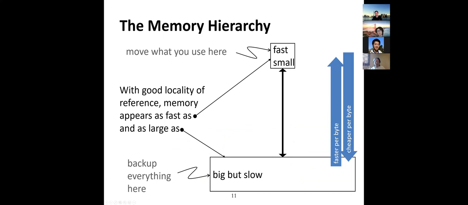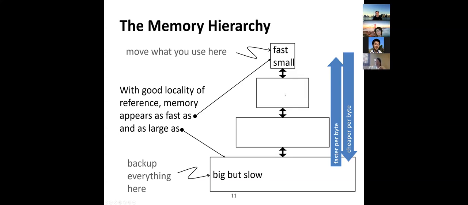One is cheaper per byte, the other is faster per byte. If we have good locality, the reuse in our applications, so that the data that is frequently used is most of the time serviced from the fast storage, then we can create an illusion that we have a lot of memory, and we bring things from here to a faster memory, right?